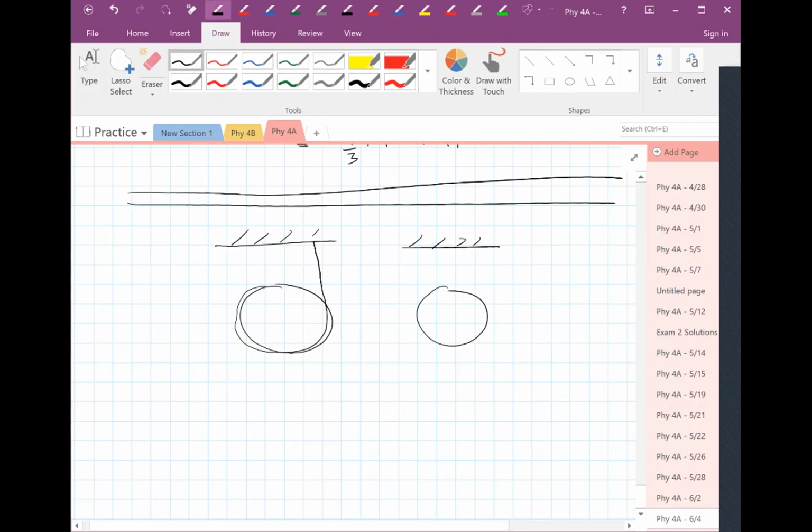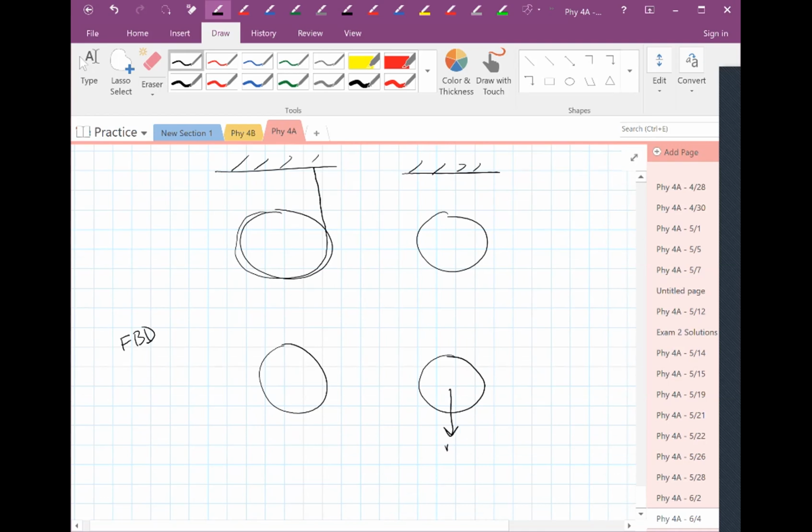Draw a free body diagram for each of these objects. I'll do the easy one for you. You do the other one. It also has the same downward force.